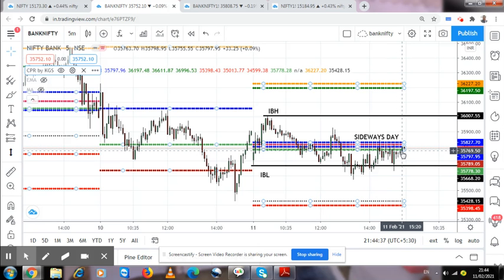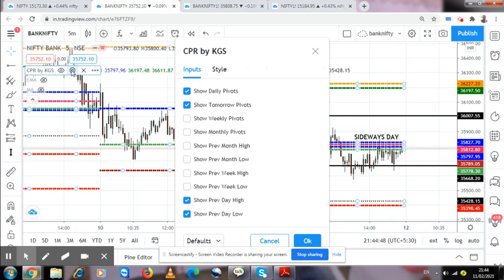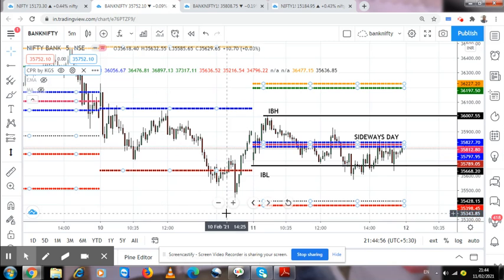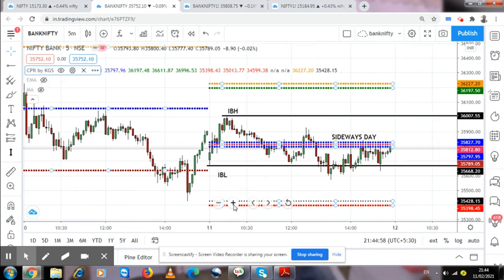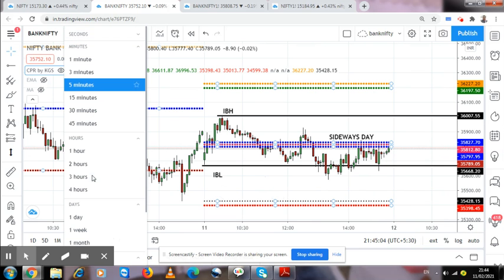We're going to see that. Let's see tomorrow how the price moves. Let me remove this tomorrow period. Now we are going to see the daily time frame Bank Nifty.